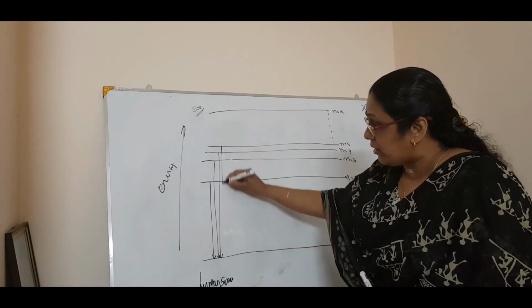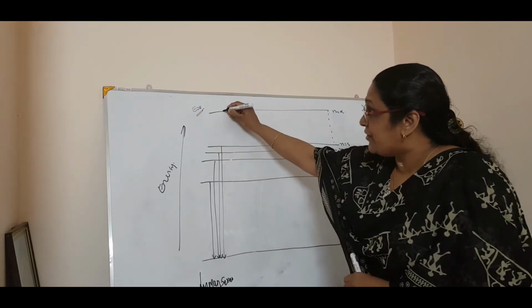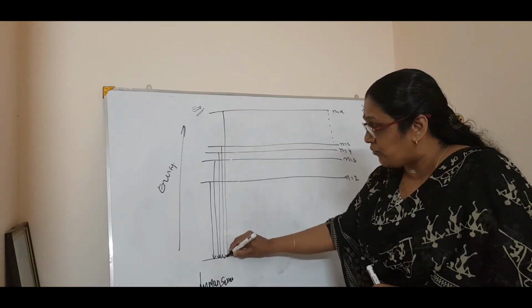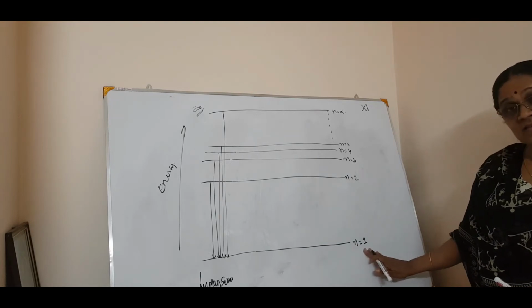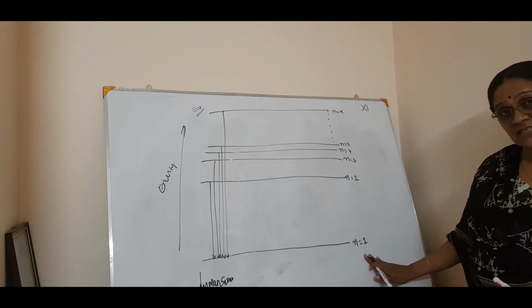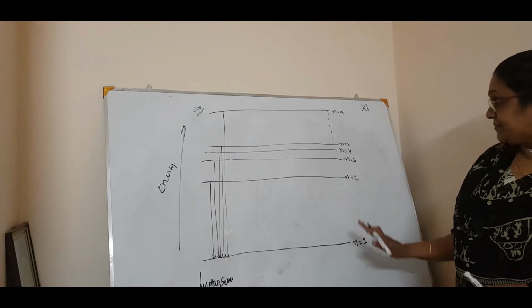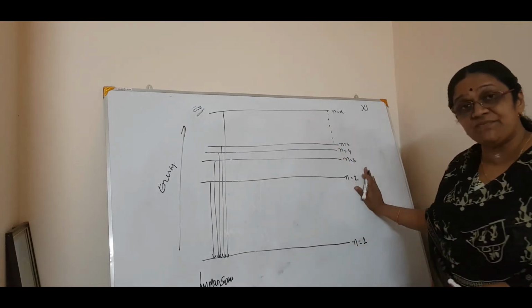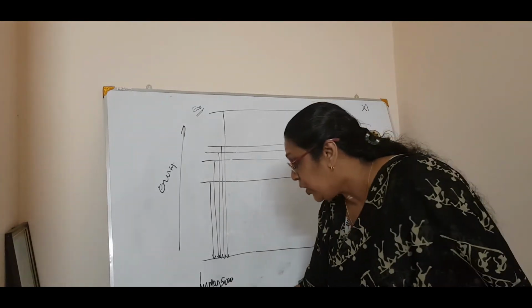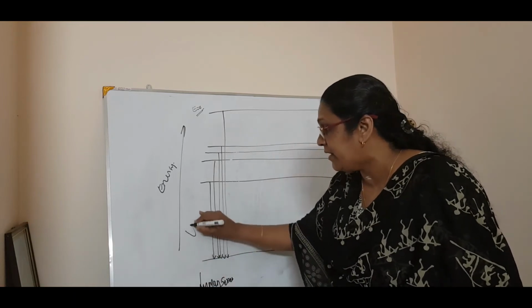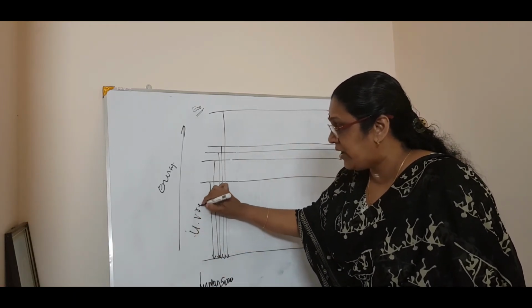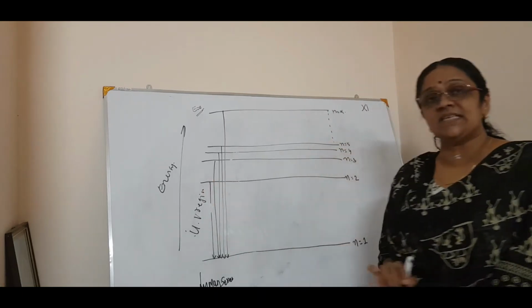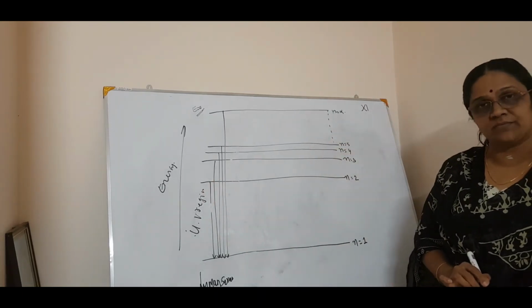If it is 4, it can come to 1. And if it is from infinity, it can come to 1. So for the Lyman series, the n is 1, standard. The Lyman series is found in the UV region.